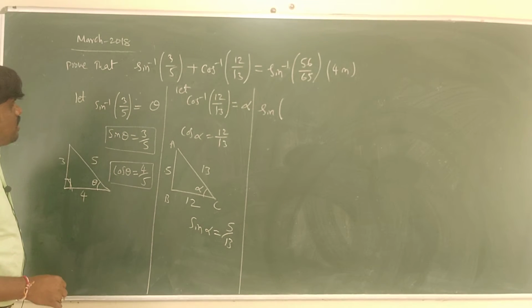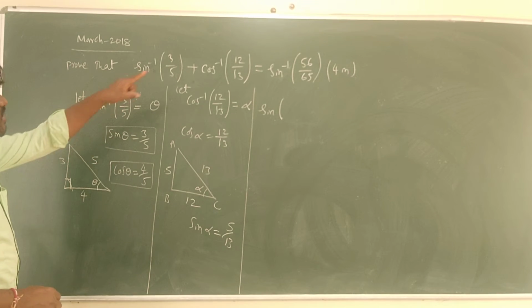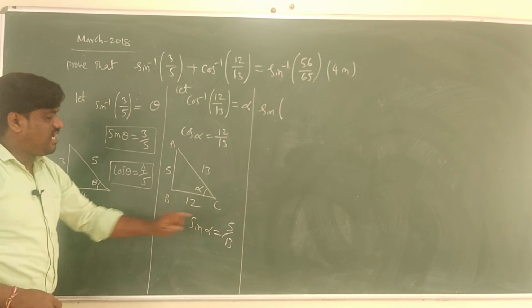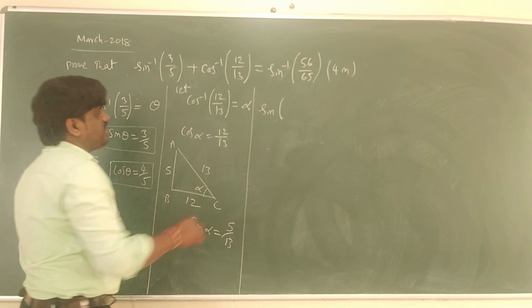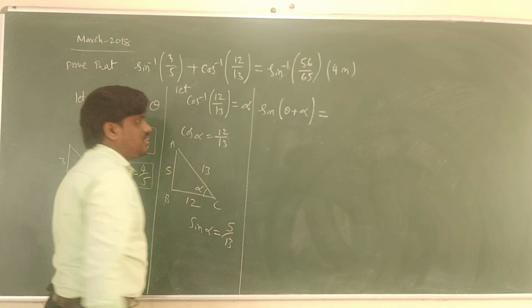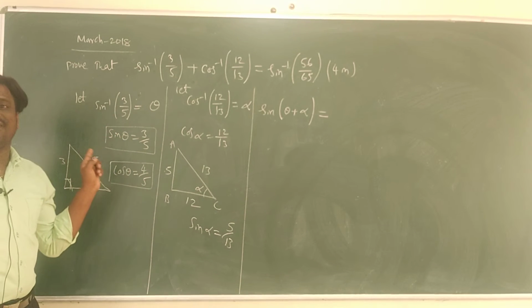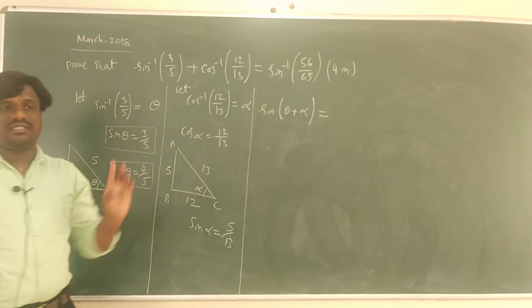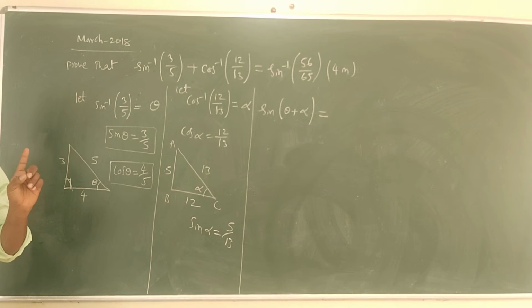I need to get 56 by 65 here, so I can use sine of theta plus alpha. Sine of theta plus alpha is how much? At board level we don't have the sine inverse x plus sine inverse y formula. Actually in JEE I told you the formulas, you can use them directly.